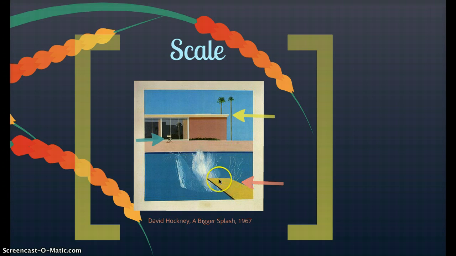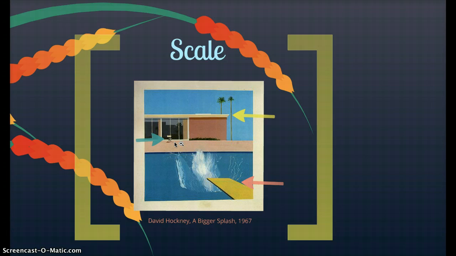You see here that it's pointing to the diving board, which is painted large because it's in the front or in the foreground. Anything that's going to be closer to you as the viewer is always going to appear larger within the composition. We then move to the middle ground here, where we've been provided a smaller scale of what looks to be like a lifeguard chair, and it's painted smaller because it's supposed to be represented farther away from us.